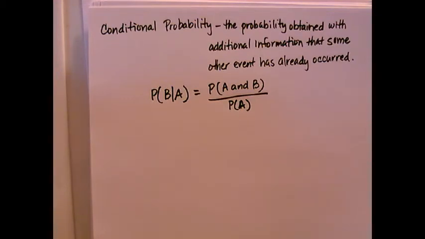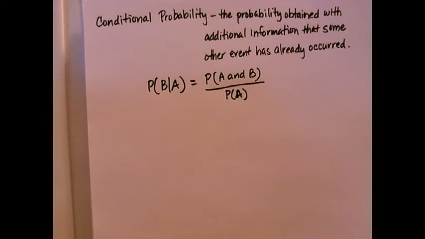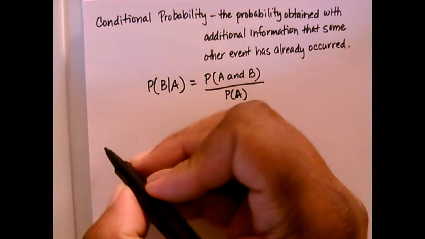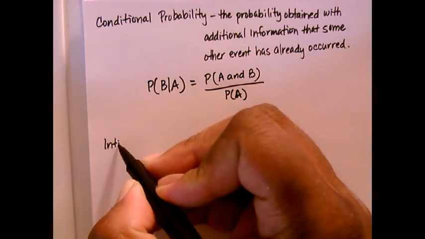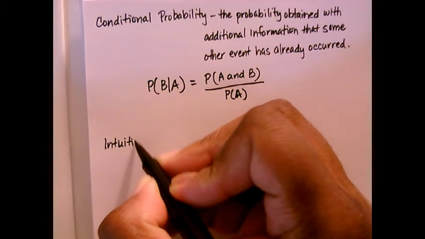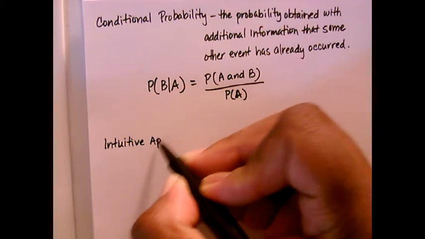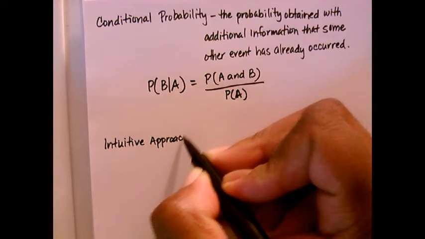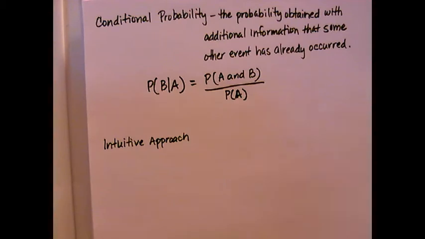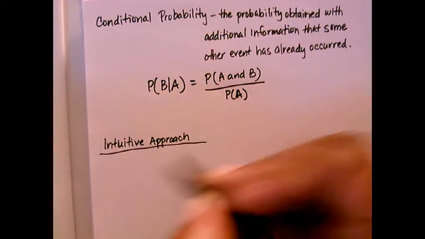However, there is an easier way to find conditional probability, and that's using the intuitive approach. So I'll go ahead and give you the intuitive approach. Okay. What this means is this.